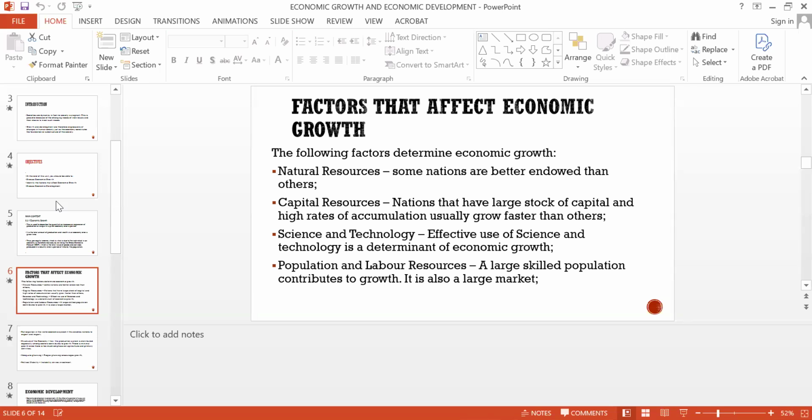Another factor that shapes economic growth is capital resources. It is usually known that nations that have a large stock of capital and a high rate of accumulation usually grow faster than others. Examples are the United States of America, the European countries, Western Europe, China.